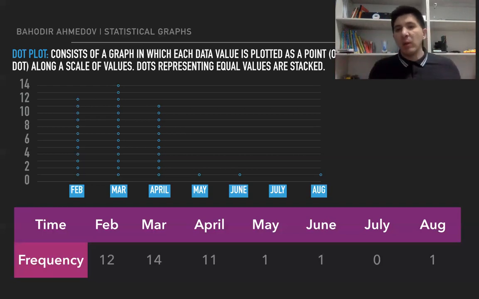So without the table, it's very difficult for us to draw conclusions technically, because we don't know exactly the values. But with the dot plot, it's very clear what exactly the frequency of that category is. So again, the dot plot is used in order to understand the shape of the distribution.